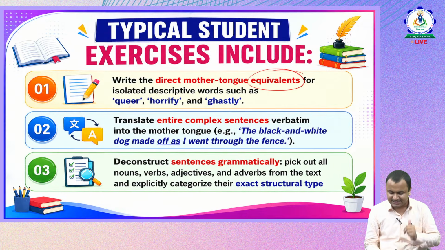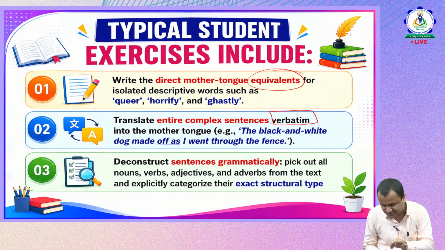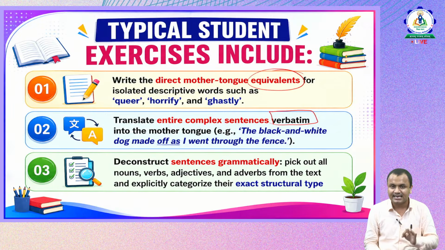Second thing, translate the entire sentence verbatim. When I say verbatim, it means word by word. Each and every word is important from the perspective of CTET. When I say that translation is done verbatim, word by word, it means the unit of grammar translation method, when we teach through GTM, is the word.